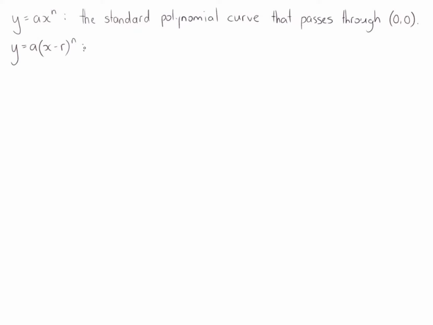Well, based off what we just saw, we know that this is our standard curve moved to the right. Whatever r is, whether it's 3 like we looked at, or 4 or 5, it's by that many units that we move to the right. When we have a plus in our brackets, so y equals a outside of x plus r to the n, this is moving y equals ax to the n by r units to the left.